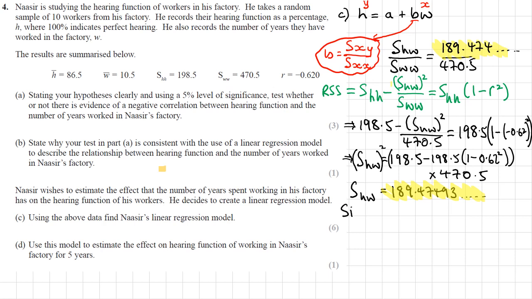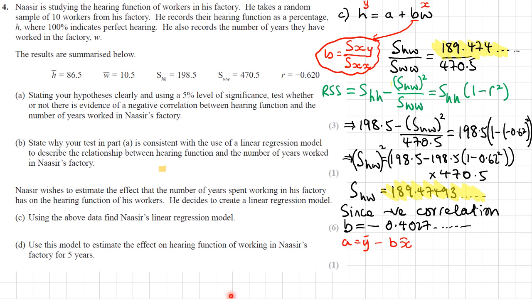So since negative correlation, b needs to be negative. So it's going to be minus the result of this calculation, which gives me negative 0.4027 and so on.